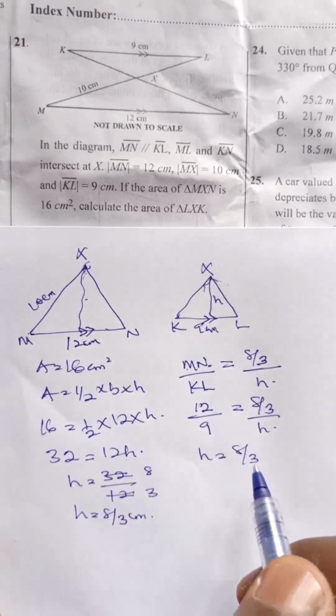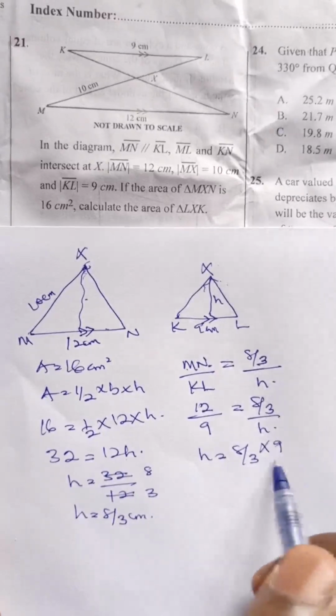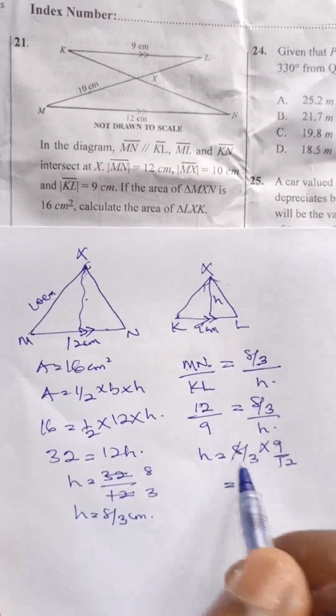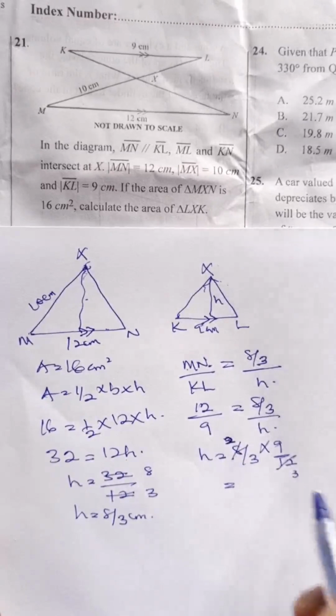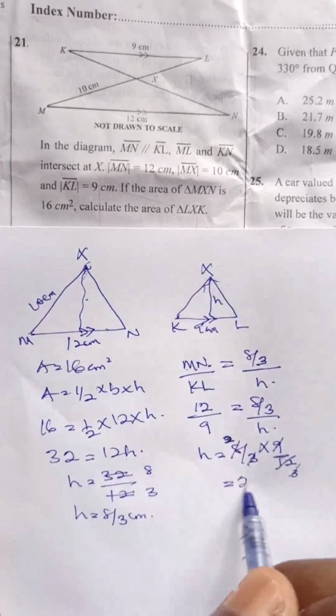Make h the subject of the formula. We're going to have 8 over 3 multiplied by 9 divided by 12. From here now, 4 here is 2, and 4 here is 3, and this is 3 times 3, 9. This 9 cancels this 9, so h is 2.